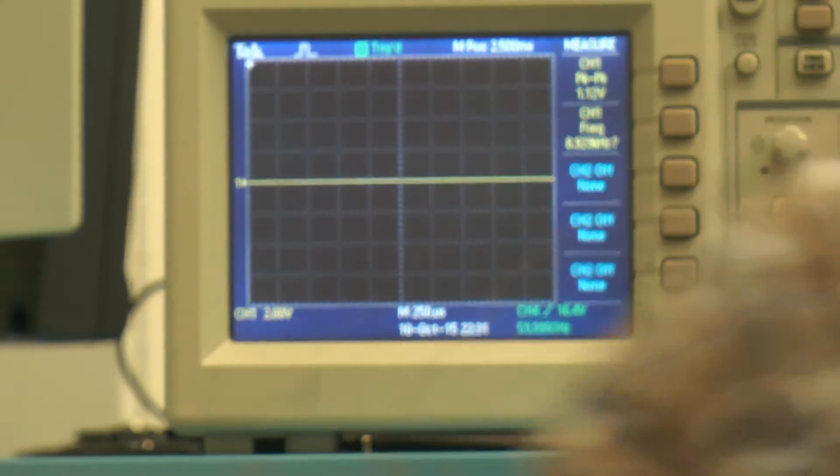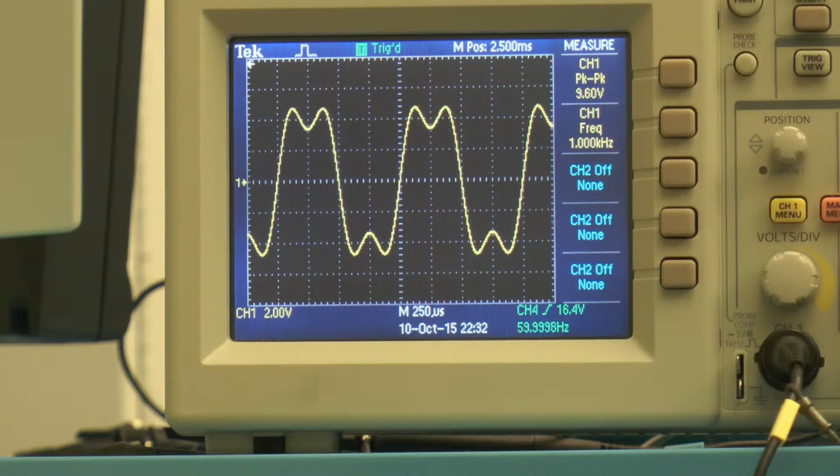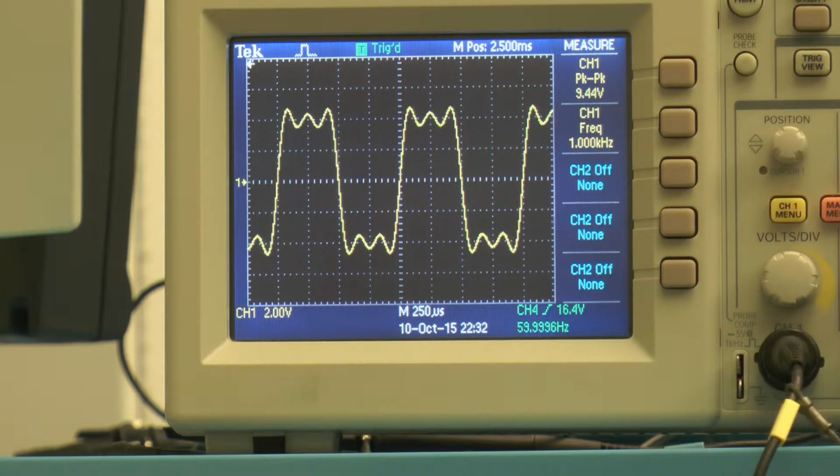So I start with everything off, turned on my fundamental. So that's my 1 kilohertz, 10 volt, peak to peak sine wave. Let's add in the third harmonic, 3 kilohertz, at 1/3 the amplitude. Well, not quite a square wave, but you know, it's starting to look like it could be believable. It squares it up a bit. Now we'll add the fifth harmonic at 1/5 the amplitude, looking much better.